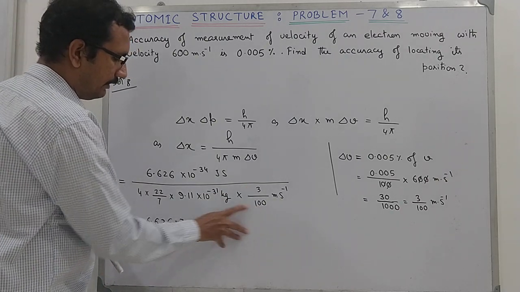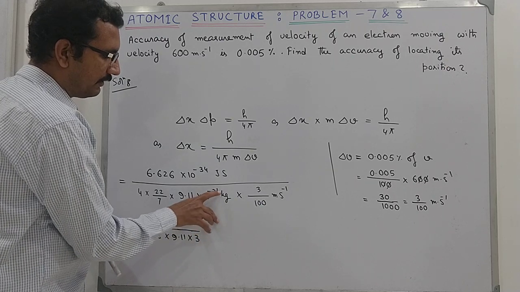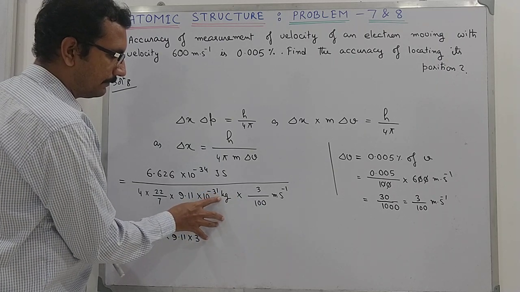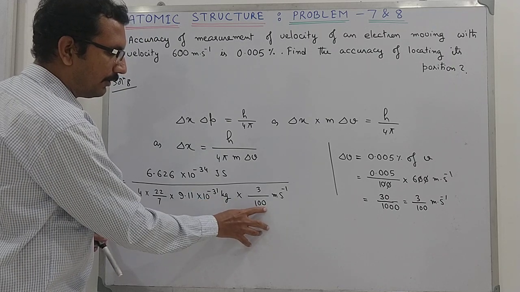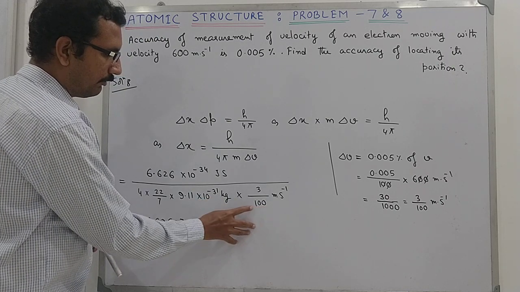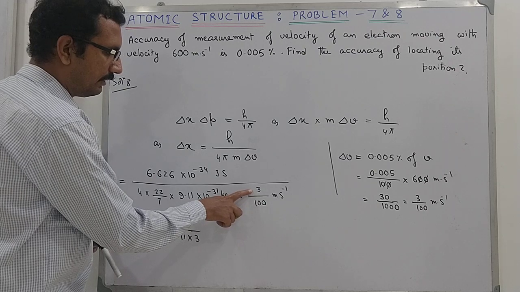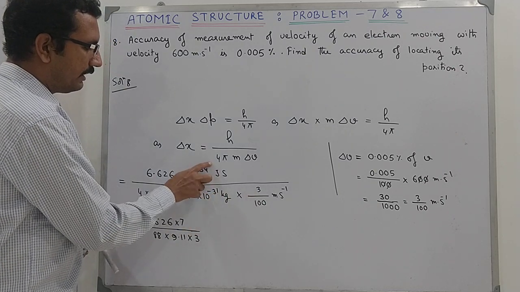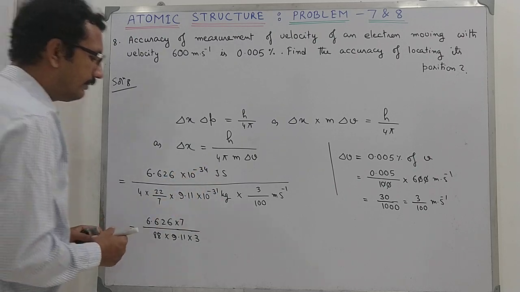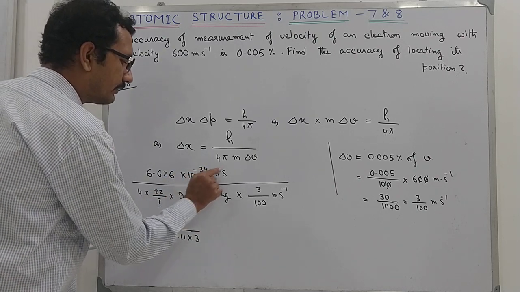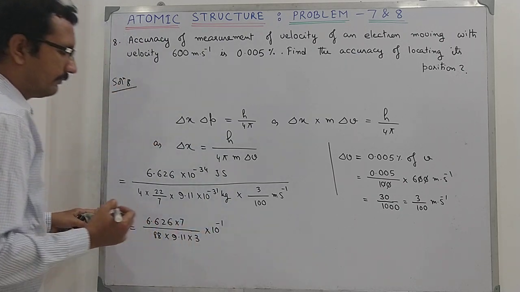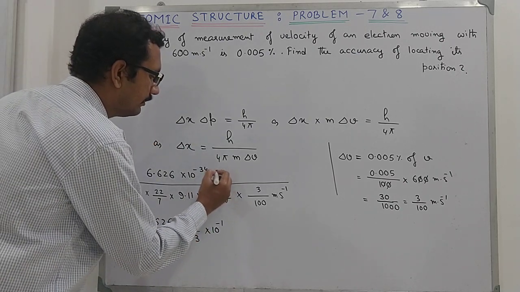Now this 100 and this 10 to the power minus 31 will give you 10 to the power minus 33. This is 10 to the power 2, so it will be 10 to the power minus 2 here in the numerator. Now when it comes up, it will give 10 to the minus 34 plus 33, it is 10 to the power minus 1.